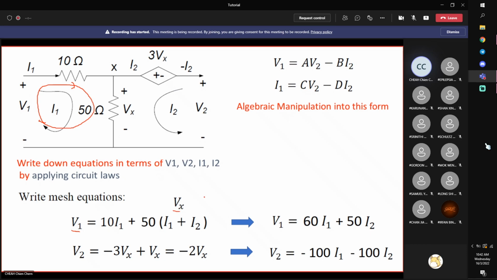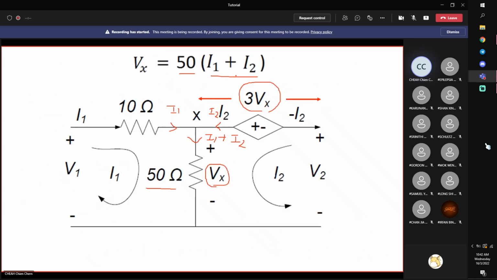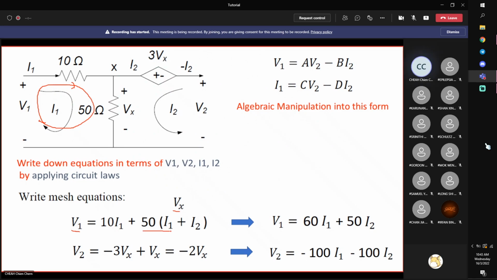Vx is 50 times (I1 plus I2). Here current flows from high to low, in these directions. So by Ohm's law, 10 ohms times I1 is an increase. That means that here you start from 0 volts, climb up Vx, climb up 10 times I1, then you come to this potential, which is V1.